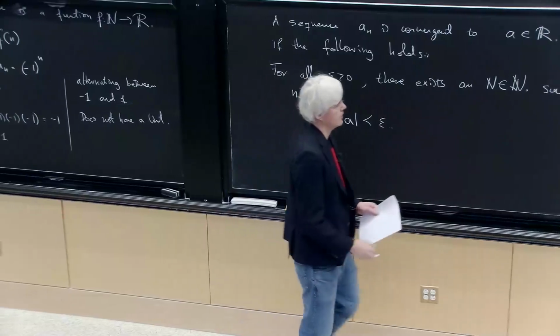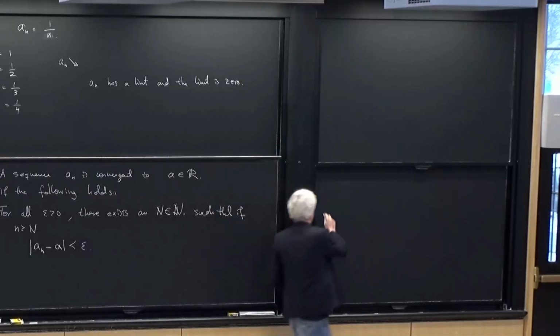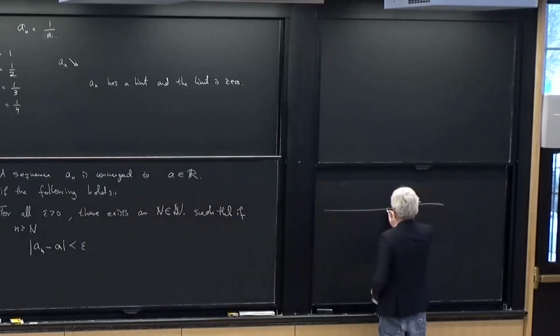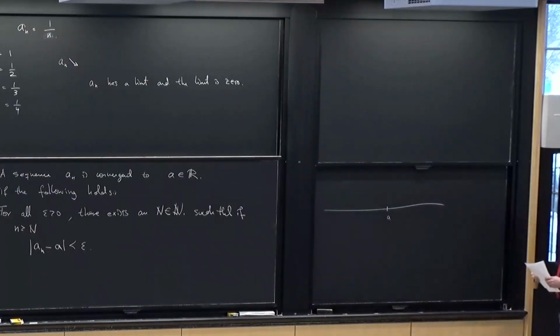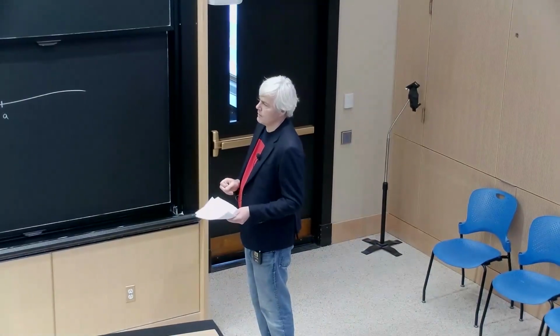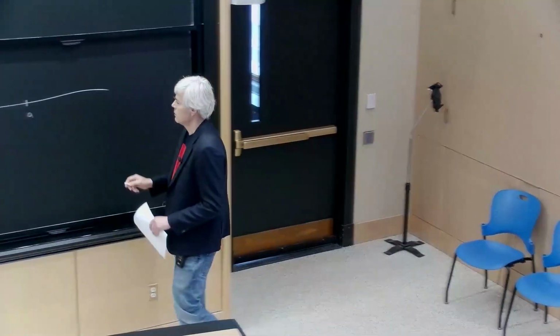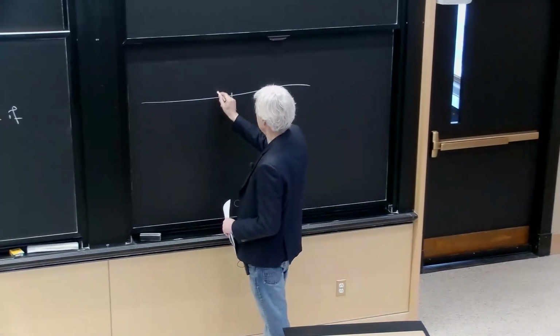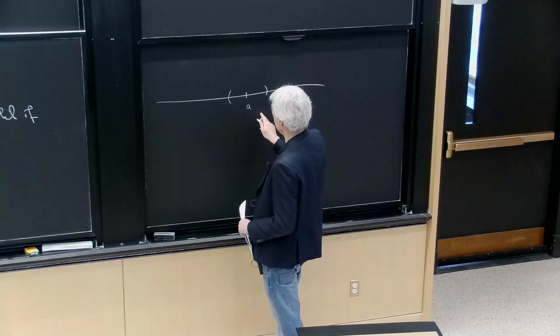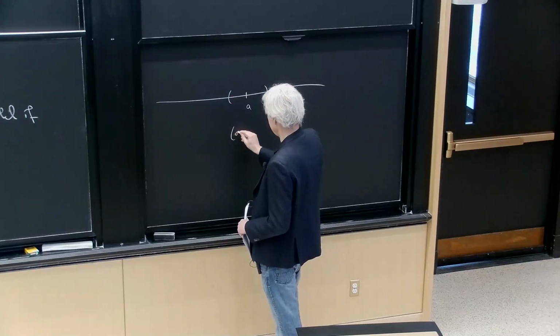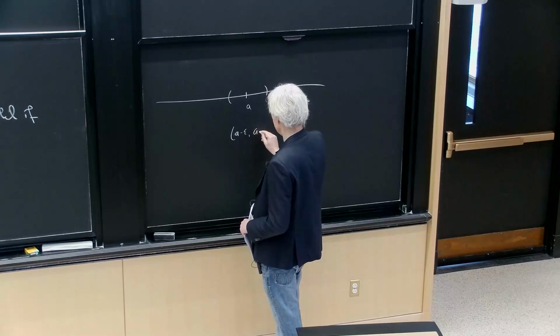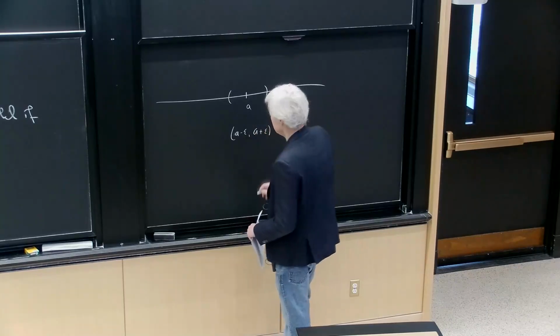If you think about it, on the real line, here you have A. If you give me an epsilon, then I'm looking at an interval around A, from A minus epsilon to A plus epsilon.